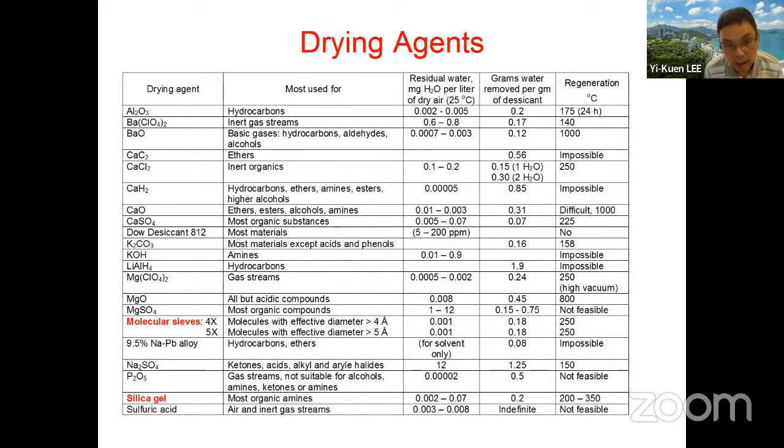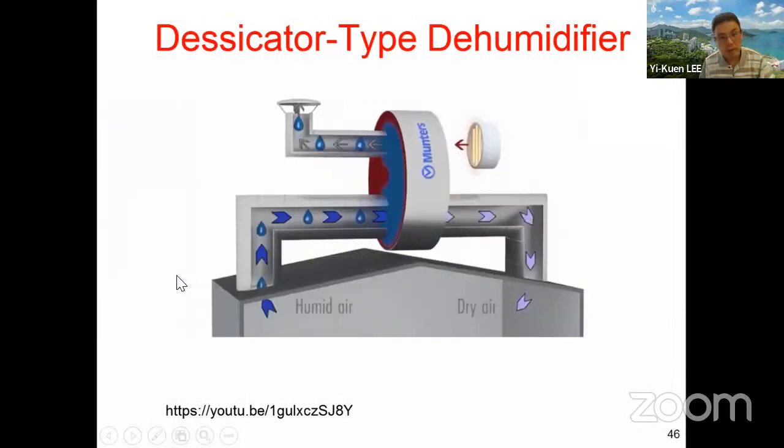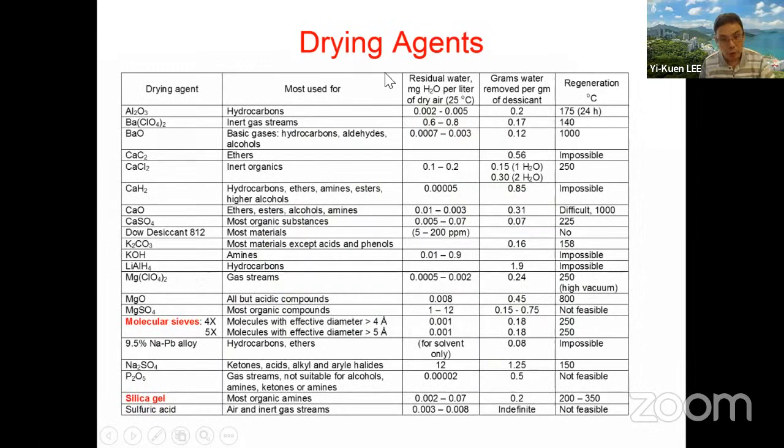In this particular design of this kind of dehumidifier, we definitely also need to understand what kind of material is used for this desiccant. Here I just show you a possible way, the material used as a drying agent.